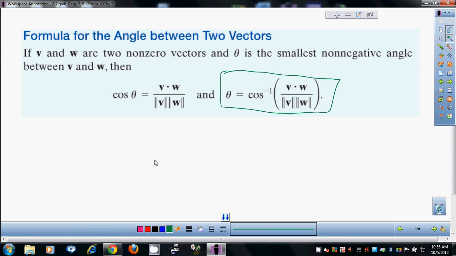Well, they're the same thing, but this is after you're solving for theta. So they just went ahead and said theta is cosine inverse of that. It's the same formula, just one step further advanced.